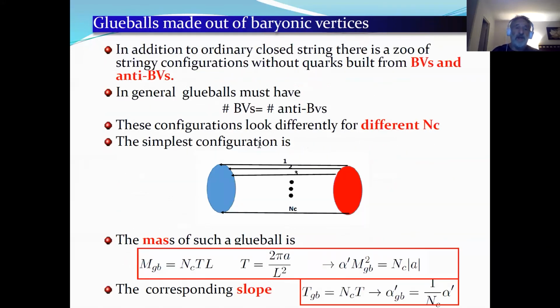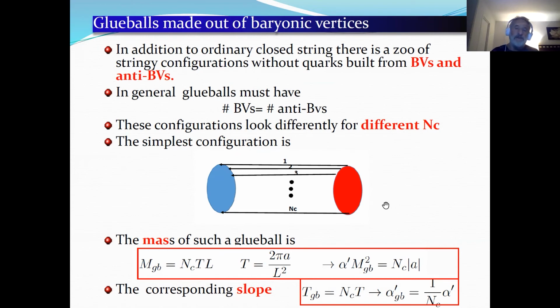Now, I want to emphasize that in this framework that we draw, there are also other types of globals. We can take a baryonic vertex and an anti-baryonic vertex and connect them with NC strings. In this case, we will get that the mass of the global is proportional to NC, and the slope is proportional to 1 over NC.